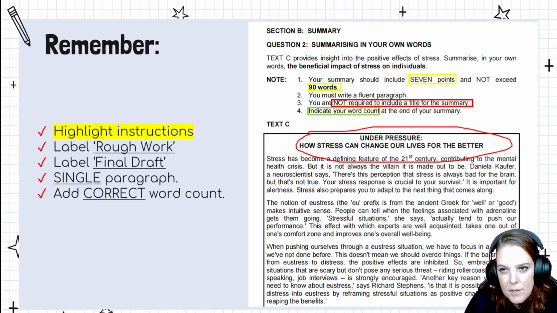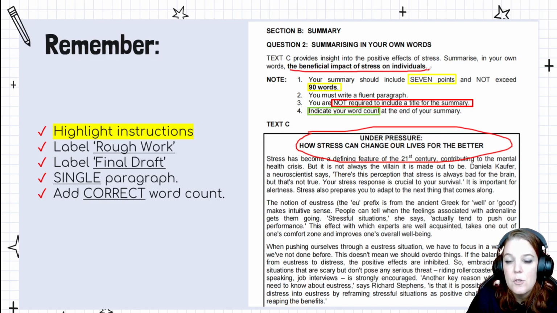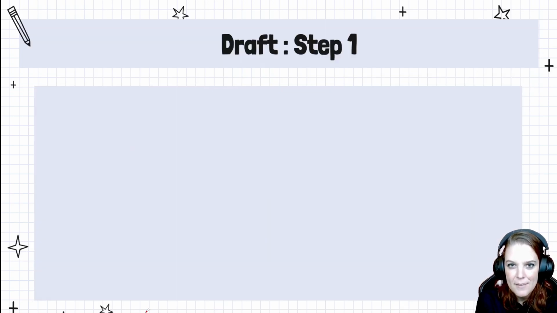The topic that you need to look at here says summarize in your own words the beneficial impact of stress on individuals. So we're only going to look at the benefits of stress on individuals, right? Not the negative impacts, not any other extra information about stress, just the benefits of it, right? So the good things about being stressed, which sounds like an oxymoron, but anyways.